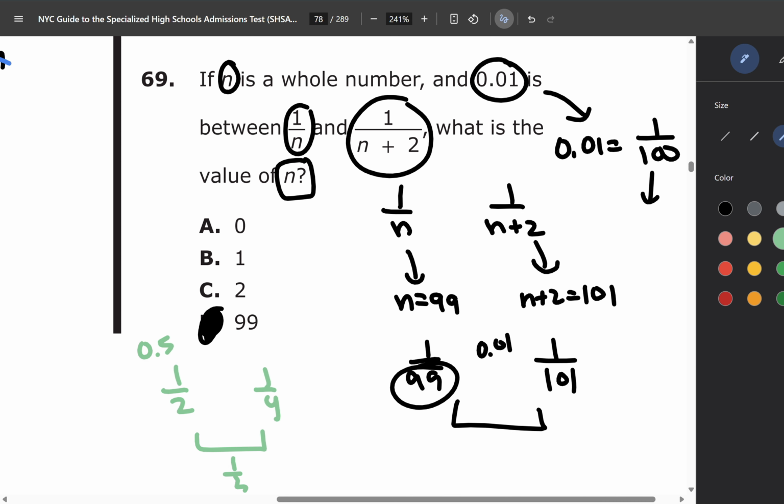Because this is 0.5, this is 0.25, and 1/3 is around 0.33. That's just kind of a rule that exists in math, to be honest. So here, 1 over 100 is going to be in between 1 over 99 and 1 over 101, with the same exact logic as what I just explained. That's pretty much what I would do if I were solving this problem.